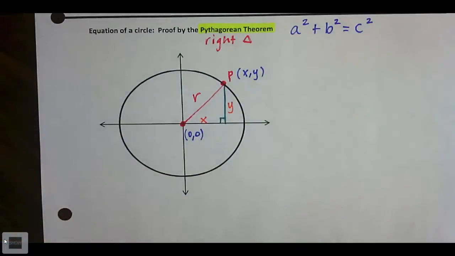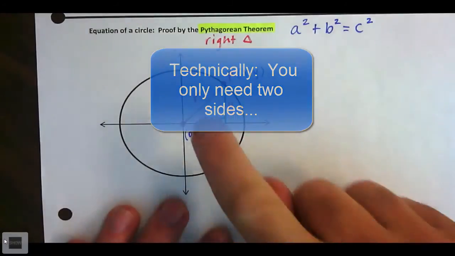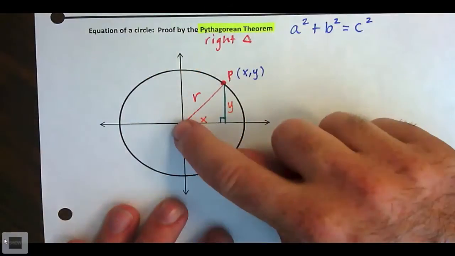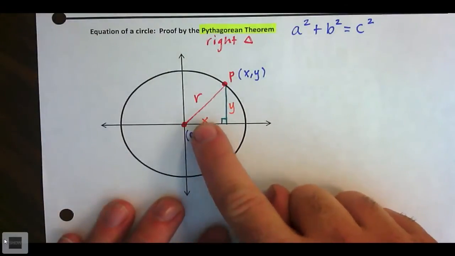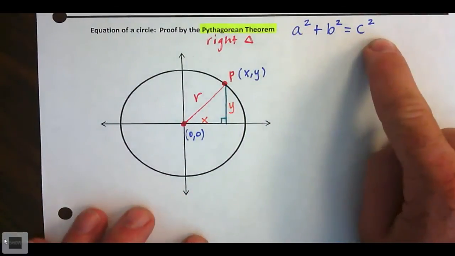Now, in the Pythagorean theorem, I need three sides of a triangle. I've got this horizontal side, this vertical side, and the hypotenuse. This is awesome because I already know all three sides of my right triangle, so I'm going to plug the values of x, y, and r into the Pythagorean theorem.